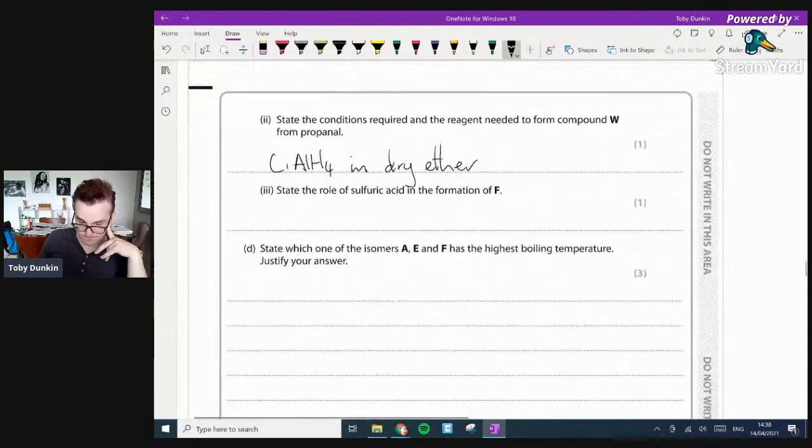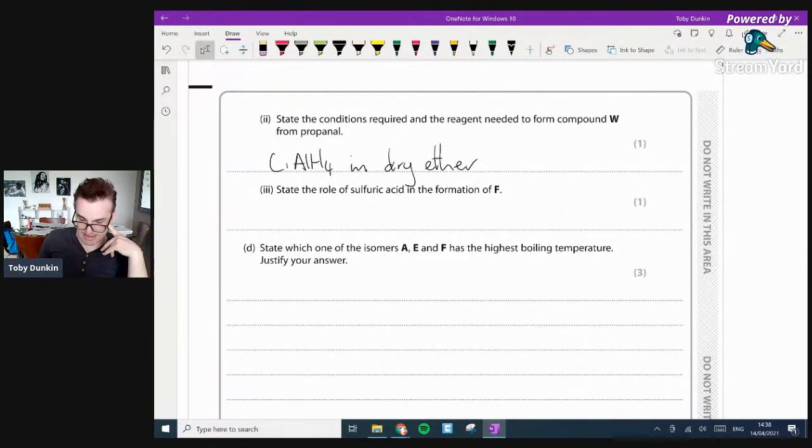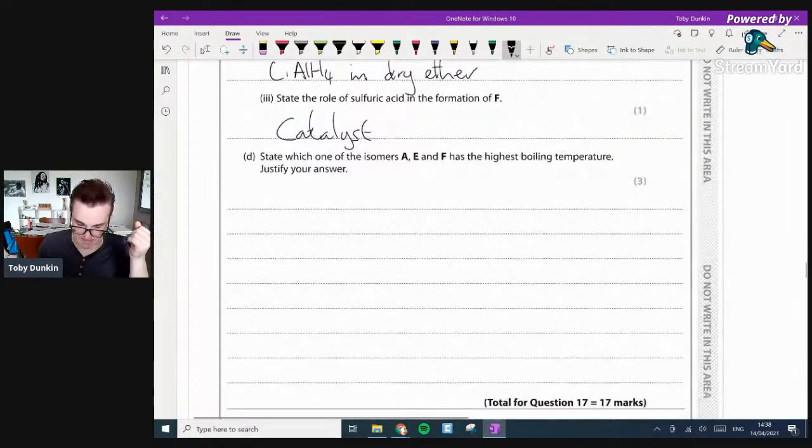I'm just going to go for that. State the role of the sulfuric acid catalyst. I'm tempted to say it's a homogeneous catalyst, but I'm just going to put catalyst. If I lose the mark on that, I'll accept it.